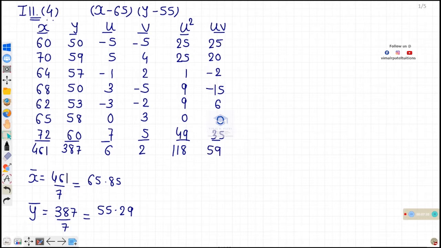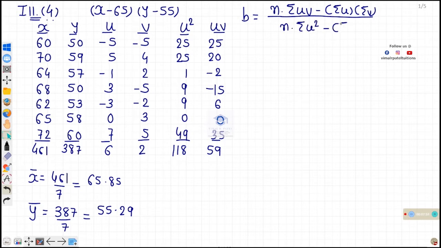Now, in this sum neither we have divided nor multiplied x or y.